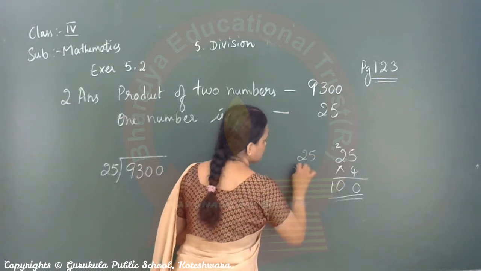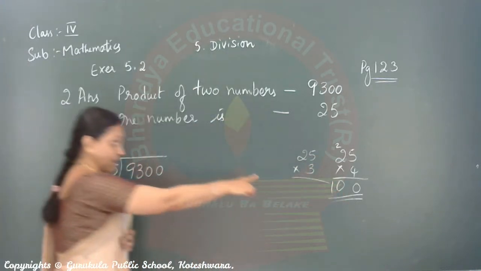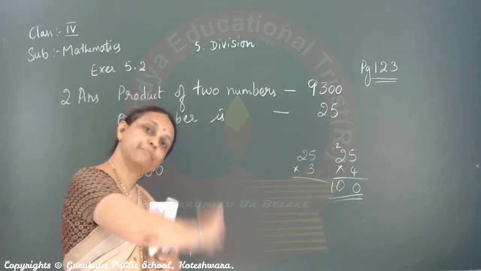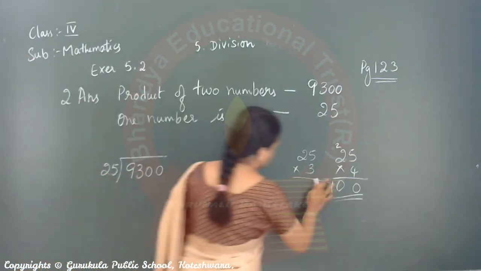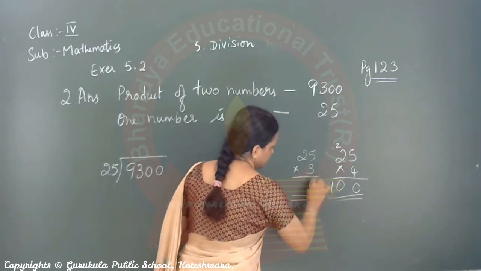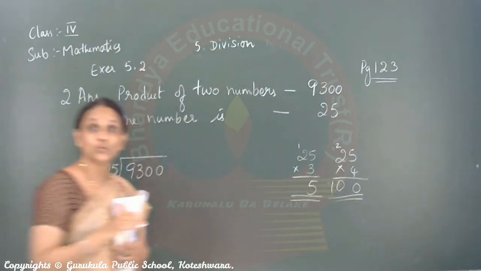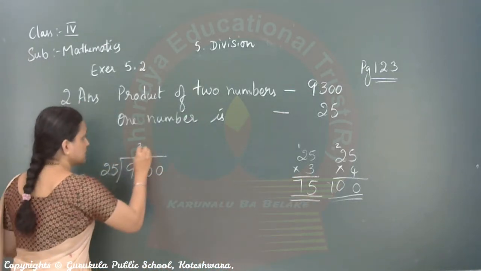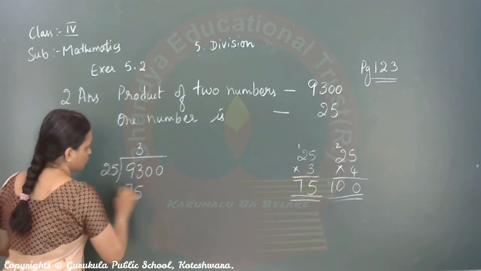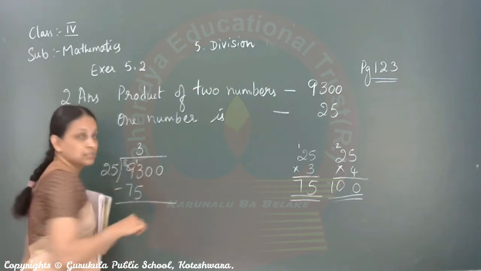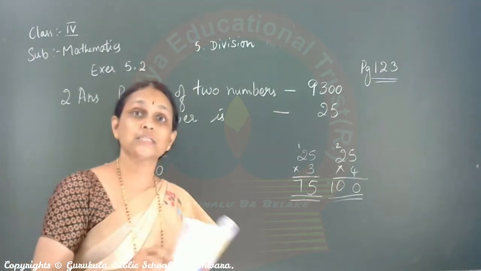So, we can avoid that, you can't. So, 25 threes are. I told you when the answer becomes more, you have to go one number back. 5 threes are 15. 1 carry. 2 threes are 6 plus 1, 7. So, 25 threes are 75. Now, borrow. 8, 13. 13 minus 5.